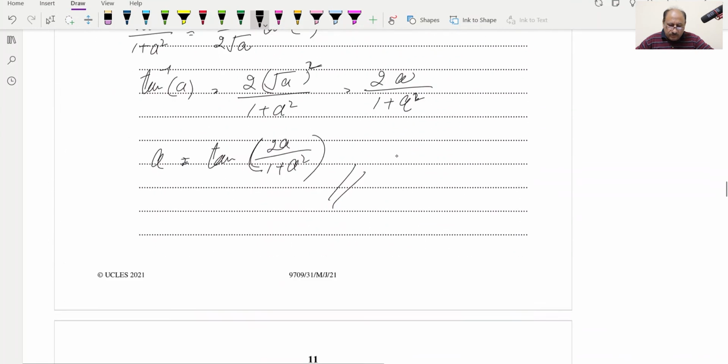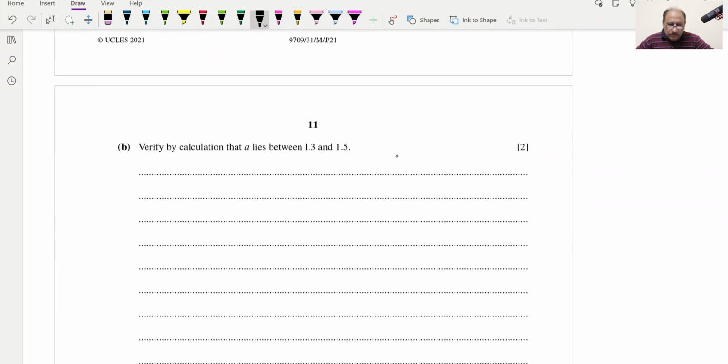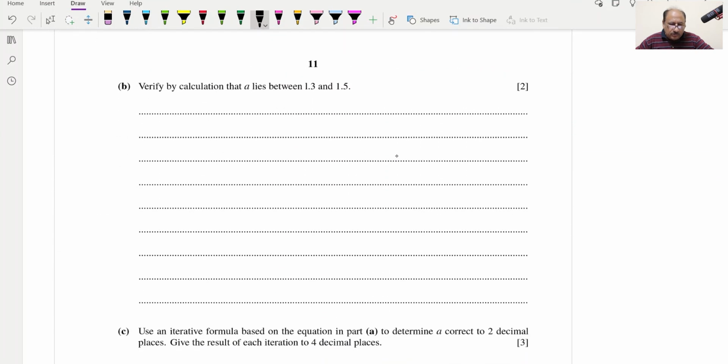Hopefully you understood this. Now we can move to the B part of this question. B part says verify by calculation that a lies between 1.3 and 1.5, so we will find f of a, which is a minus tan of 2a over 1 plus a squared.